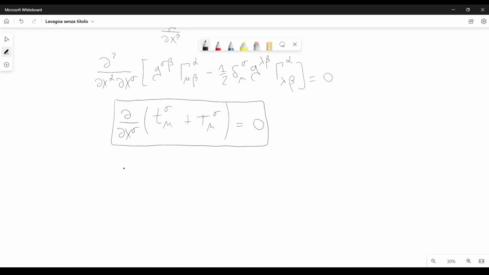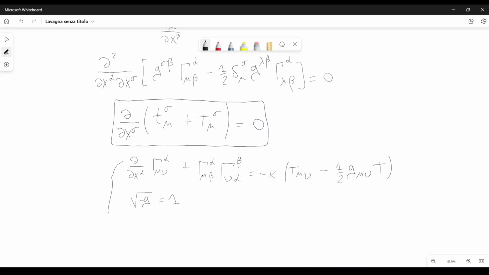Let's start with these equations here. Derivative with respect to x alpha, gamma alpha mu nu plus gamma alpha mu beta times gamma beta nu alpha equal to minus k t mu nu minus 1/2 g mu nu times t. And of course the square root of g is equal to 1.